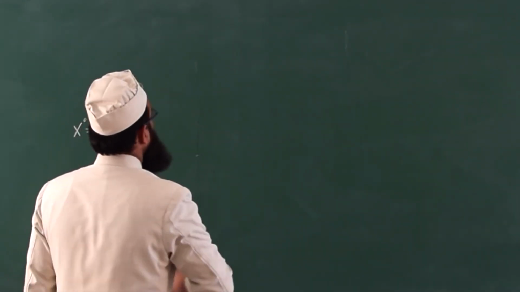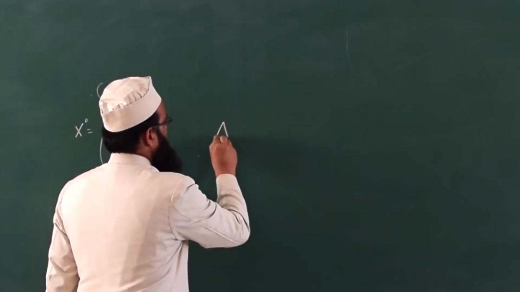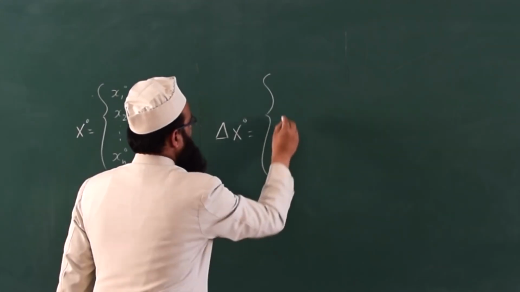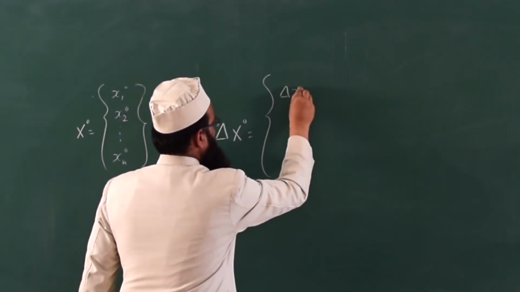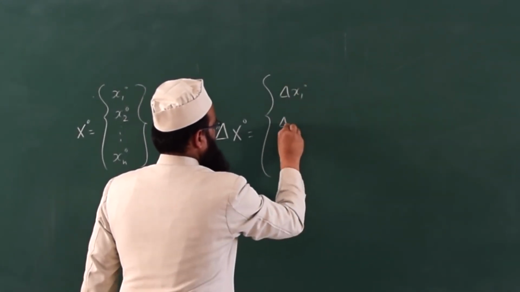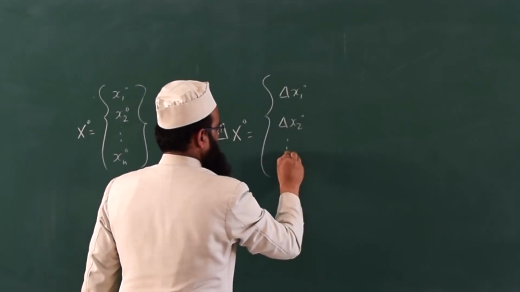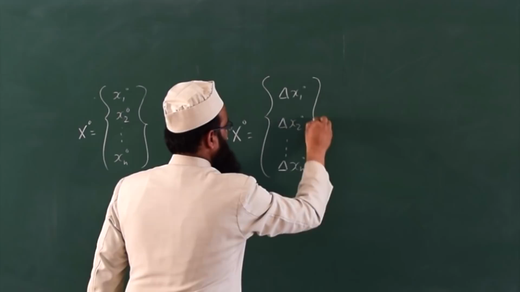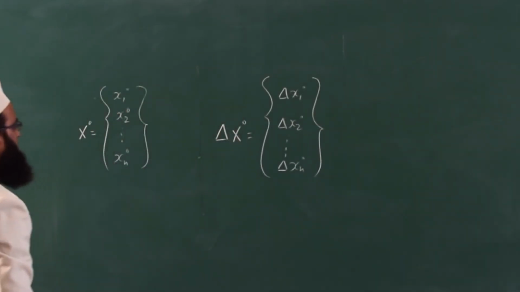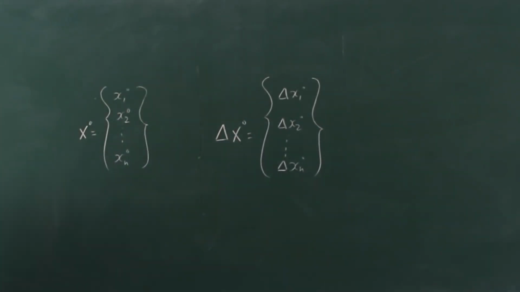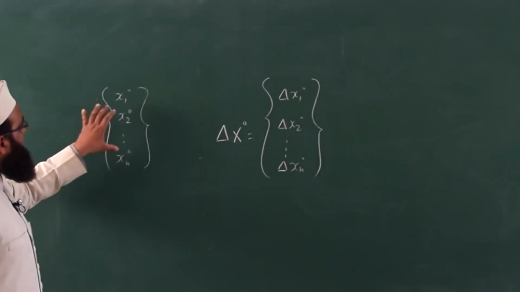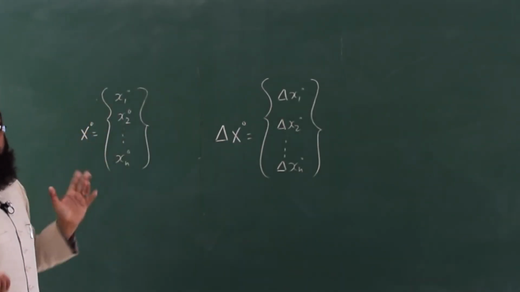Say the corresponding corrections are del x0: del x1 0, del x2 0, del xn 0. Once the corrections are added to the guess values, we will obtain the solution.